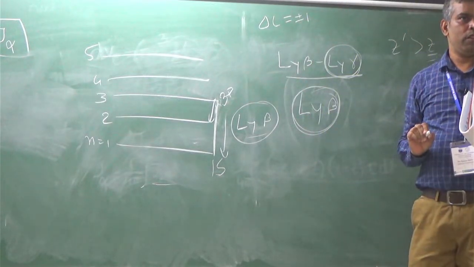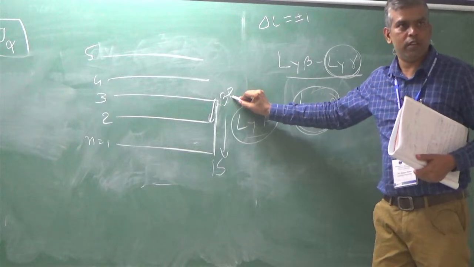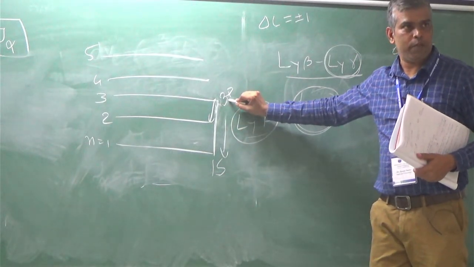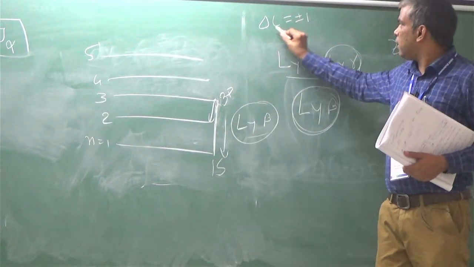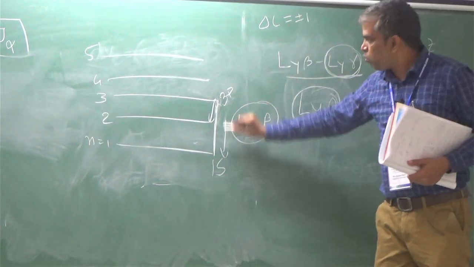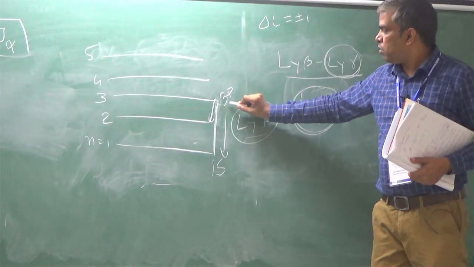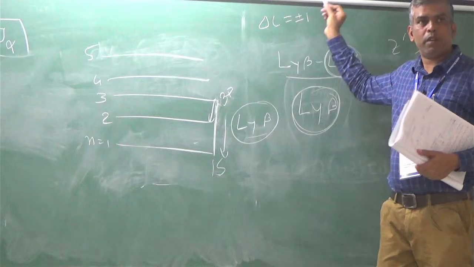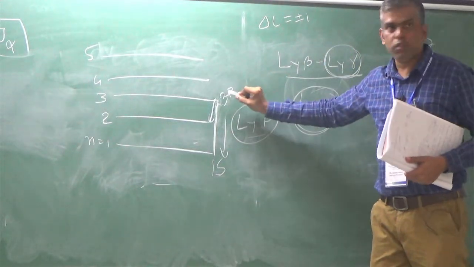No other selection rule is possible. So it will go to 3p state. It will not go to 3s state because then delta L will be 0. It will not go to 3d state because then delta L will be plus 2. So it will only go to 3p state.